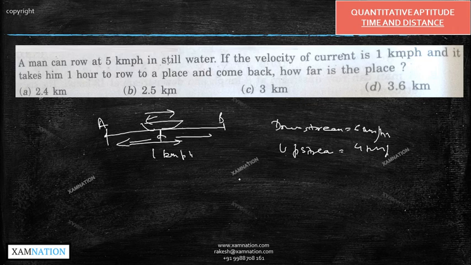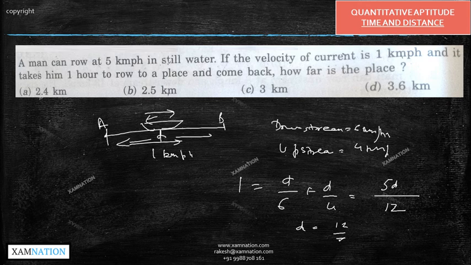So the 1 hour taken is d upon 6 plus d upon 4, so it is like 12, and 2 and 3 give 5d. So d is 12 by 5, which is 2.4 kilometer. So A is the correct answer.